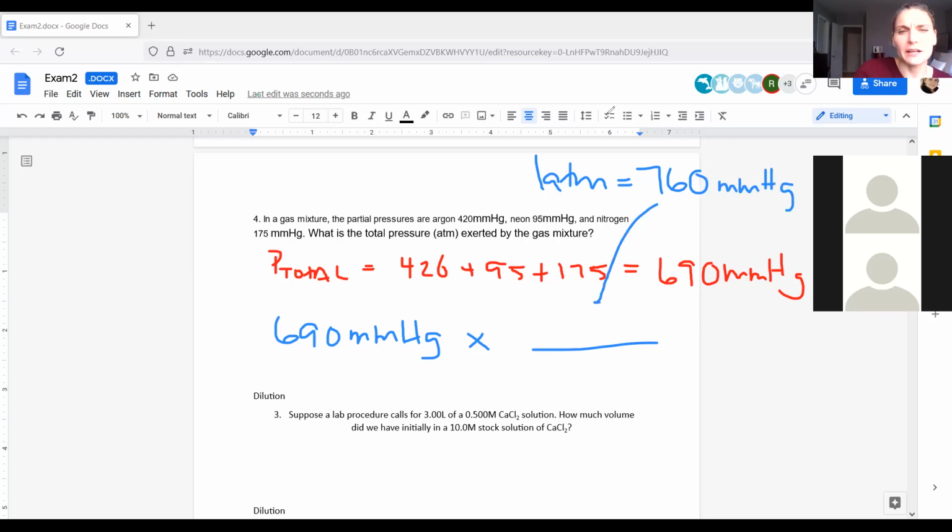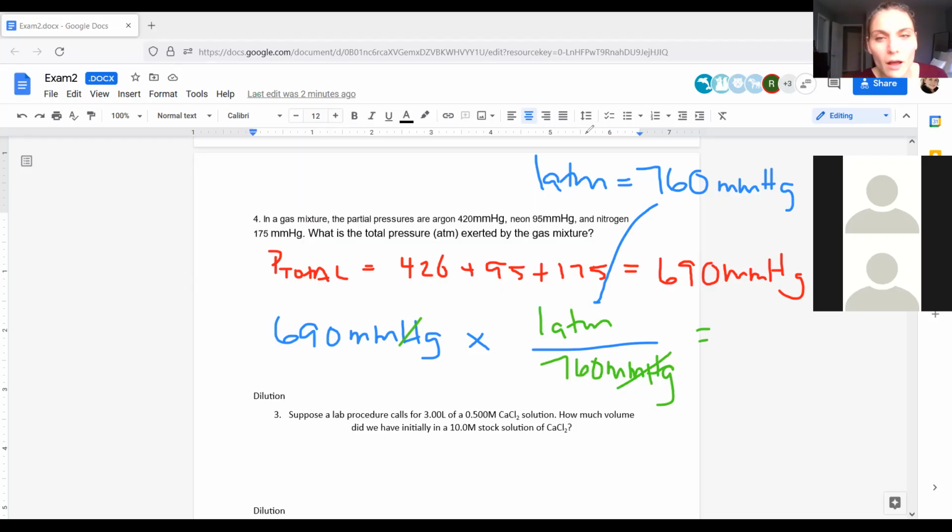So pulling that over here, what goes on the top and what goes on the bottom? 1 ATM on the top and 760 on the bottom. You got it. Perfect. All right, so the millimeters of mercury cancel out. So we have 690 divided by 760.